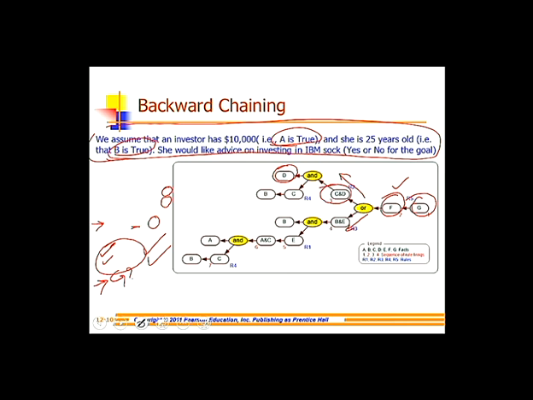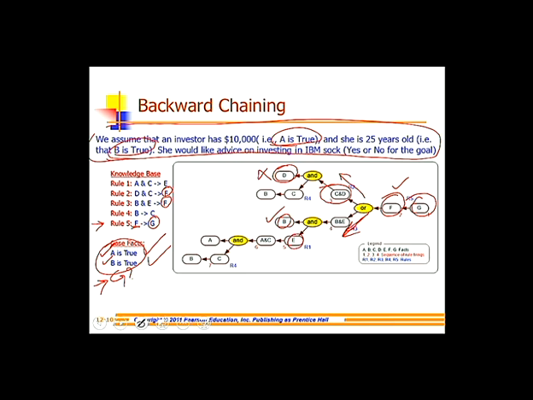But the other way is, since it is not known, follow the other path, which is rule number 3, B and E. If we know B and E, we can answer F, and if we know F, we can answer G, which is the goal. B is known, B is true, E is not known, so E becomes a new goal.